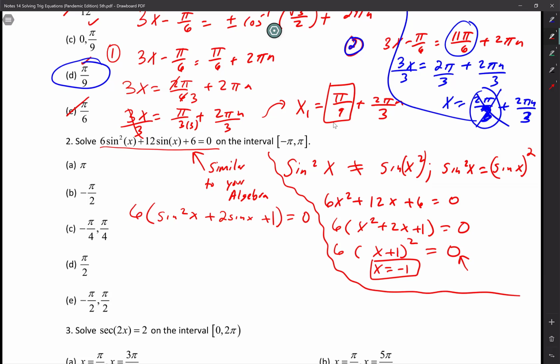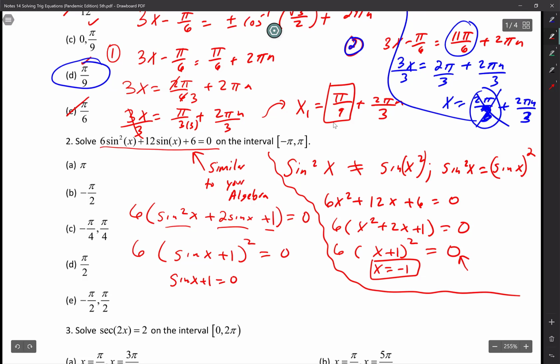And then once we factor that out, these 3 terms reduce to one factor, sine x plus 1, with a square on the outside. And then we just solve for the inside. The only way this whole thing will be 0 is if the expression sine x plus 1 is 0. Move the 1 to the other side, sine x equals -1.